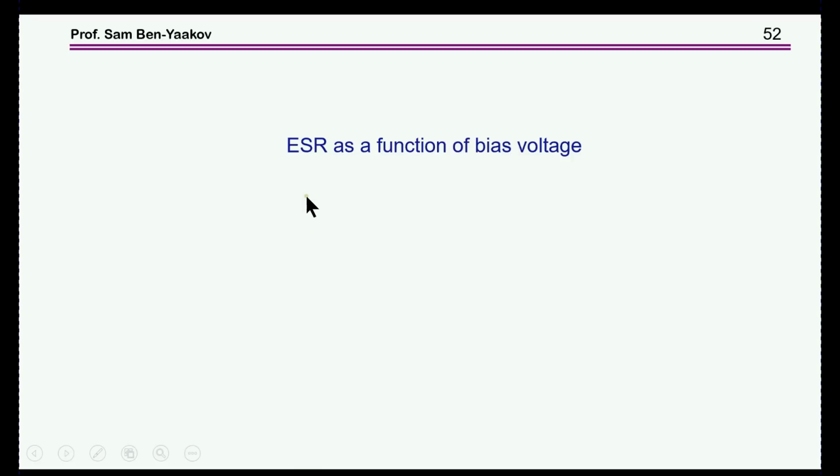So, I think we're going to have a short break here, and then I'm going to talk about something which is really exciting: the ESR is a function of the bias voltage, which is very important and really unknown. It's very important because in a switch mode converter, the capacitor is exposed to DC, and all engineers are taking the ESR from the data sheet for 0 voltage.